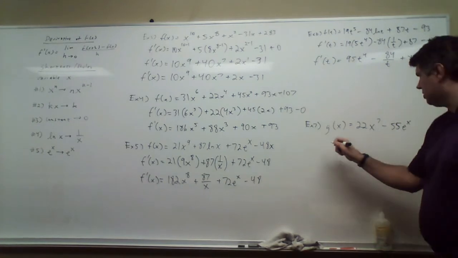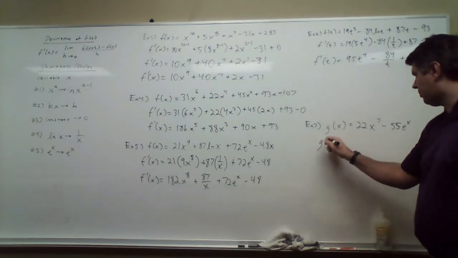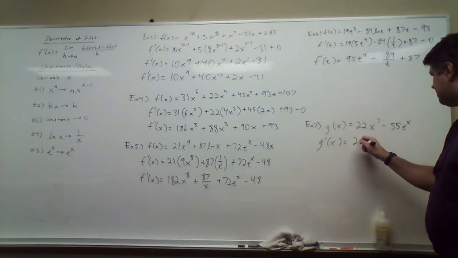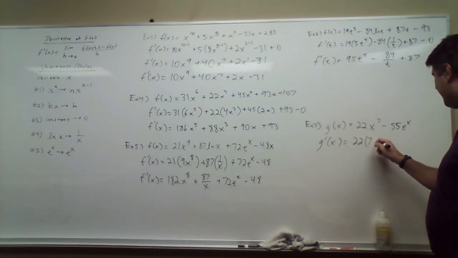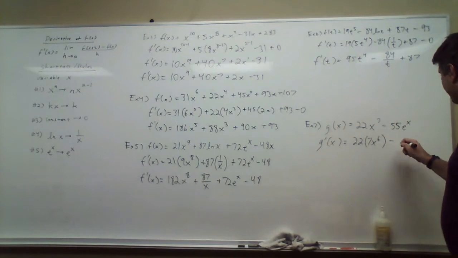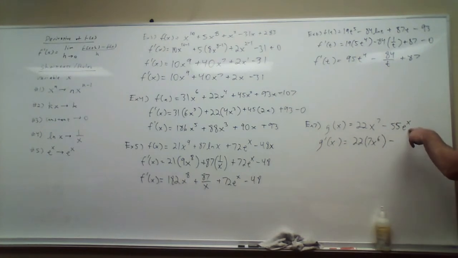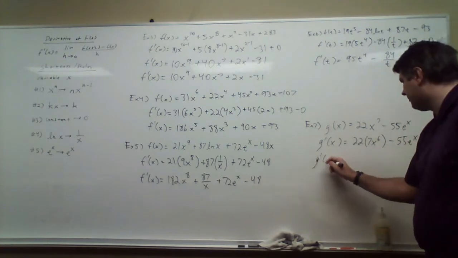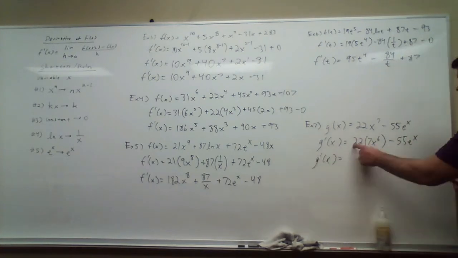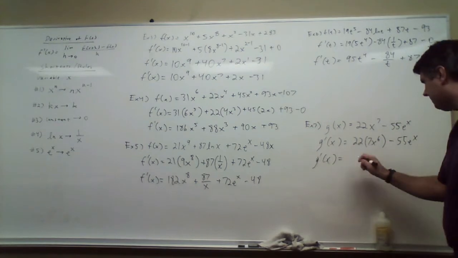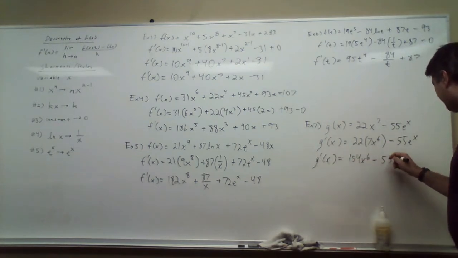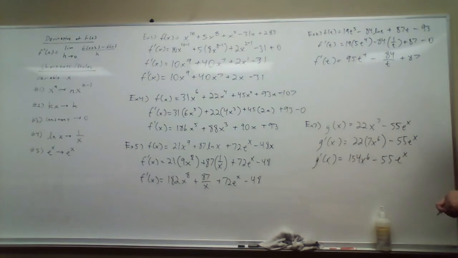Well, g prime of x would equal 22 times 7x to the 6th minus, well, the derivative of e to the x is e to the x, so this will just be 55 e to the x. So the derivative, g prime of x, is 22 times 7 is 154, x to the 6th minus 55 e to the x.